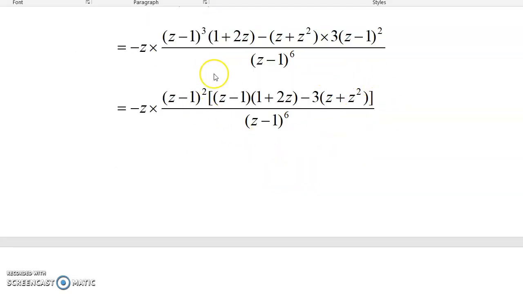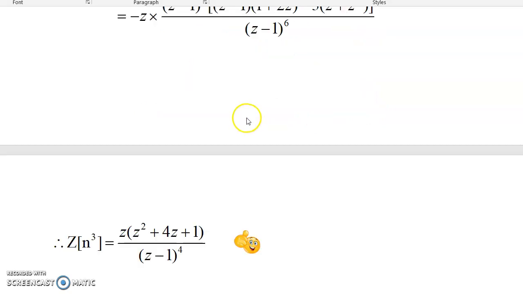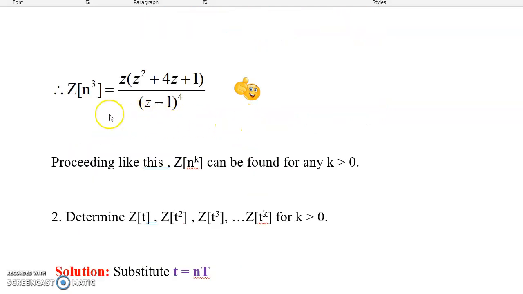And now just simplification, you can take z minus 1 whole squared common here, and the final answer will be this. So like this, this is z of n cube. Like this we can continue to find z of n power 4, z of n power 5, etc. So for any general z transform of n power k can be found using the method we followed for z of n squared, z of n cube, etc.